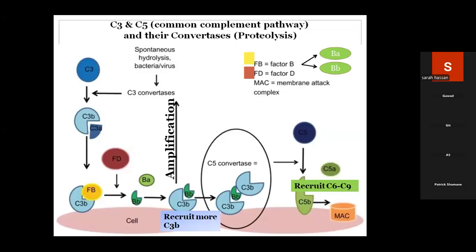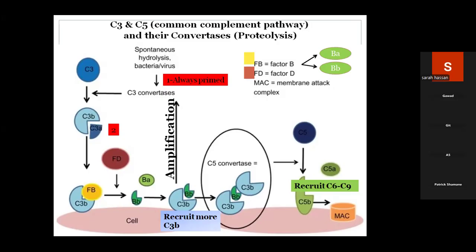C3 convertase is normally always primed, always active. And this activity, as we have said, is proteolysis, causing a break in C3 into the C3a part and the C3b part.